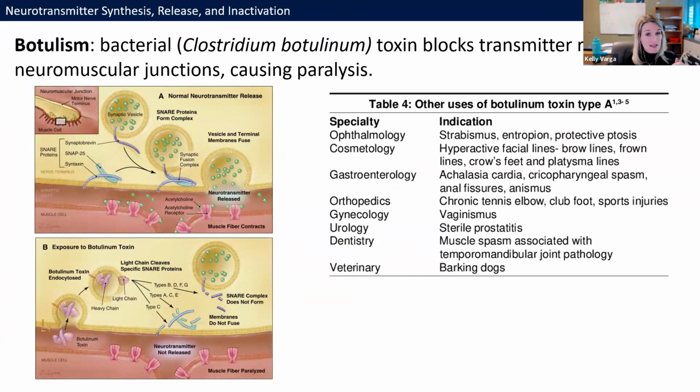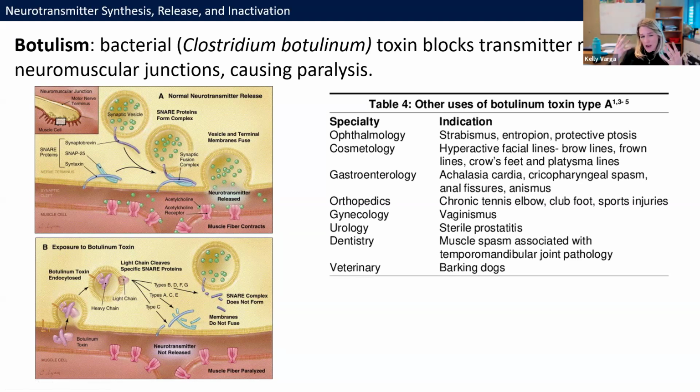We had left off by saying that there are certain types of drugs that can inhibit this process of chemical release, of neurotransmitter release. That can be through things like our botulinum toxin. It comes from a bacteria that secretes this particular toxin, and this toxin cleaves, cuts off the ability for neurotransmitters to be released.